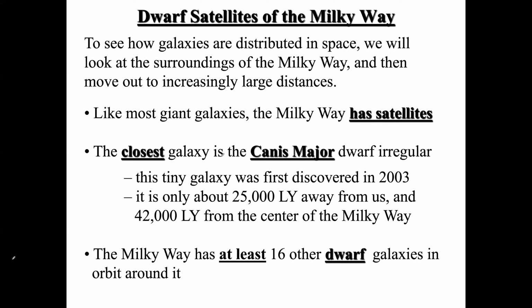And the closest galaxy that we have is the Canis Major dwarf galaxy. It is an irregular dwarf galaxy. This was discovered in 2003, and you can see, not long ago. This is why this field of galaxies is a little bit new. And this is around 25,000 light years away from us, 42,000 light years away from the center of the Milky Way. Now we know that there are at least 16 dwarf galaxies in orbit around our Milky Way.